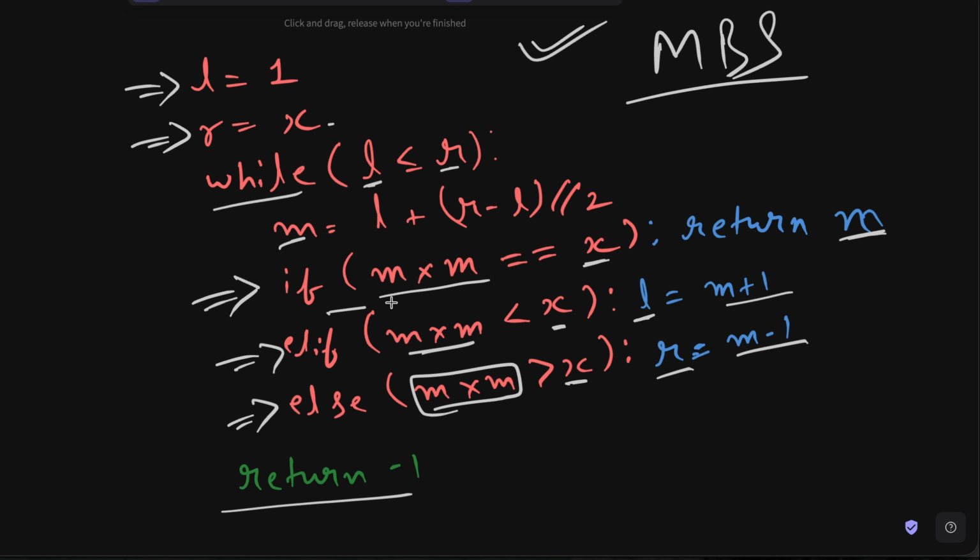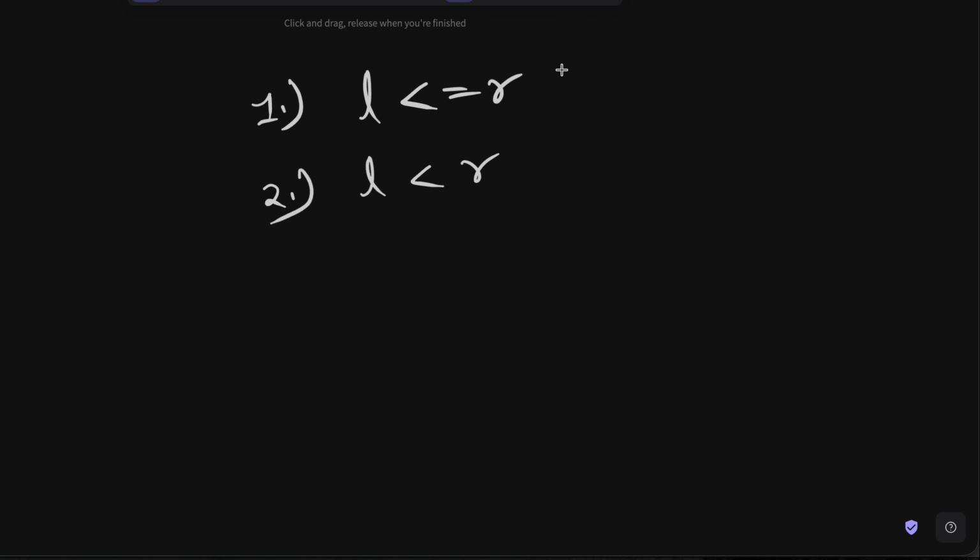We are simply taking conditions from the question and using them here to modify our binary search to get the correct answer. That's it. People face a lot of problems deciding whether they should use the condition left less than or equal to right, or left less than right. The answer totally depends on what you are doing in the algorithm. If you are using left less than or equal to right, you need to make sure that anywhere in your algorithm you are not setting left equals to mid or right equals to mid.